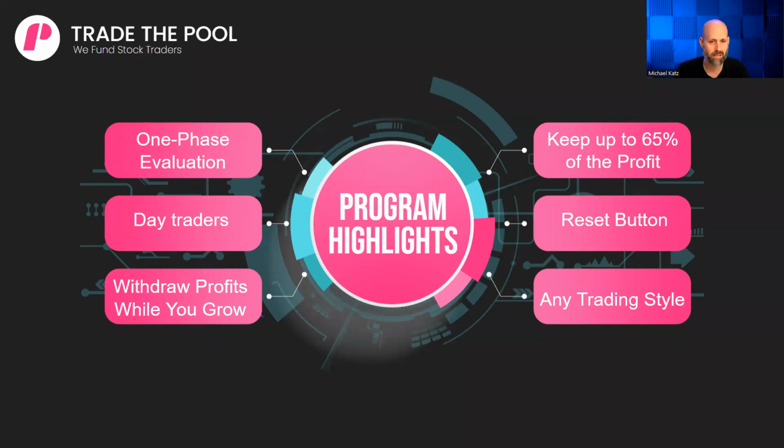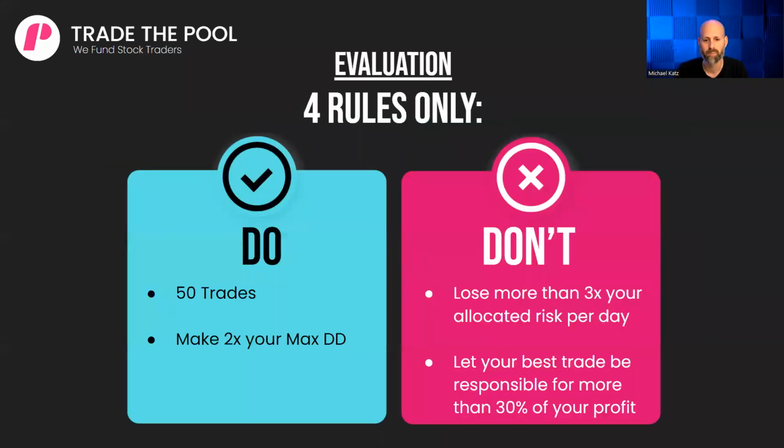You can trade any style. So as I said, penny stocks, shorting penny stocks, or if you want to pull back, buying the dips, scaling in, scaling out, all of those things you can do, at least for now, as long as it's day trading.